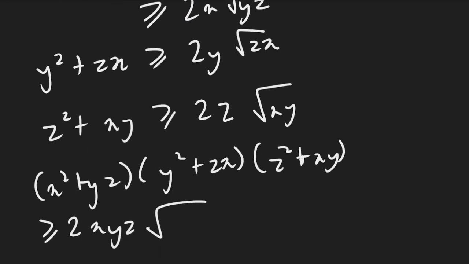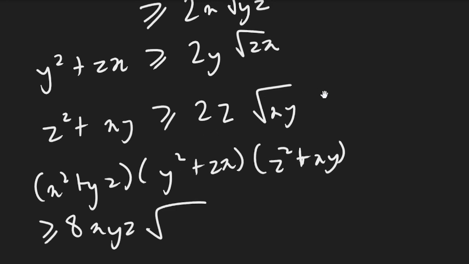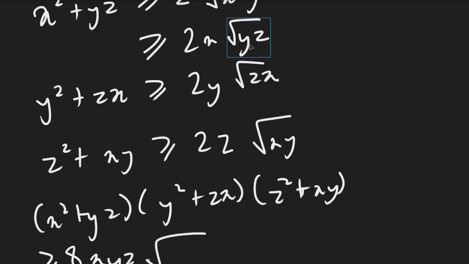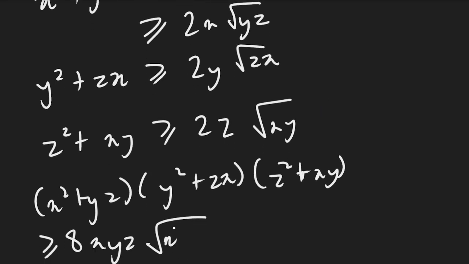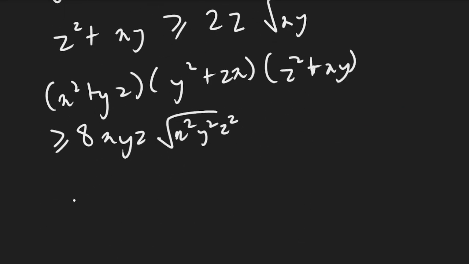I just realized I forgot another 2 here. So 2 times 2 times 2 is 8. x times y times z equals xyz. And you notice that all these appear 2 times in the square root. So we have x squared, y squared, z squared, which simplifies to 8 x squared y squared z squared.